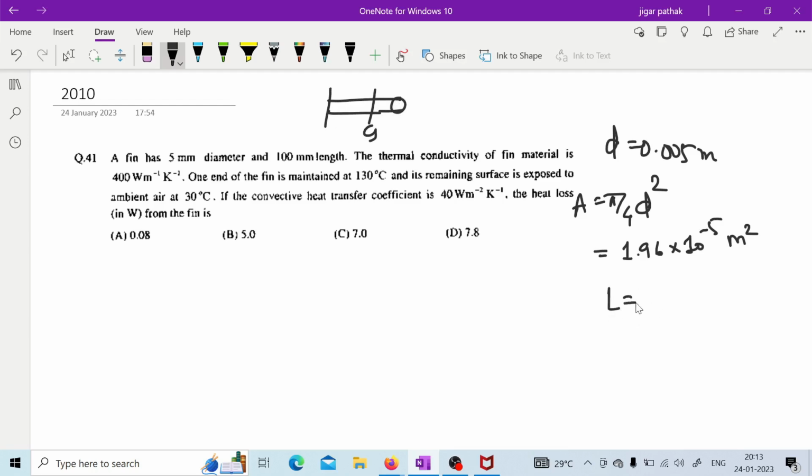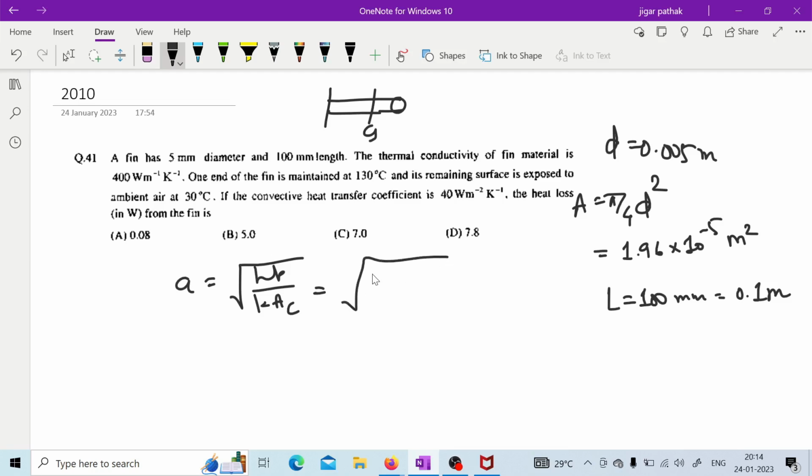So length of the fin is 100 mm, right? It means 0.1 meter. That m value you can calculate, right? m is root of hP by kAc. Because you have h and k with you, perimeter is nothing but pi d. So h is given as 40, right? Heat transfer coefficient. And here conductivity k is given as 400.